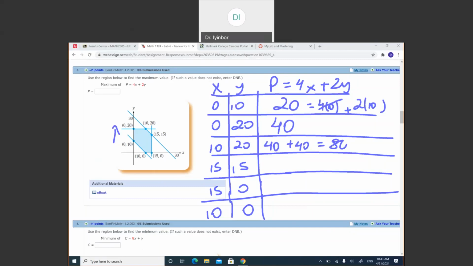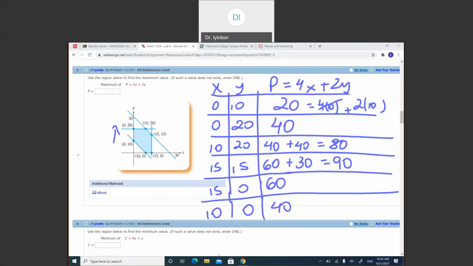Then after that, I multiply 15 times 4 is 60. And 15 times 2 is 30. When I add those two, it's going to be 90. Then I have 15 times 4 is 60, and 10 times 4 is 40.